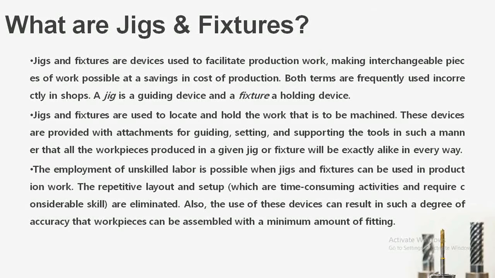Hence, you have to arrange the workpiece on a machining table in such a way that the degrees of freedom are restricted, the clamping is done properly, and it will also help in machining at a greater rate, that means increasing production rate. This causes the workpiece to be machined at a faster rate.